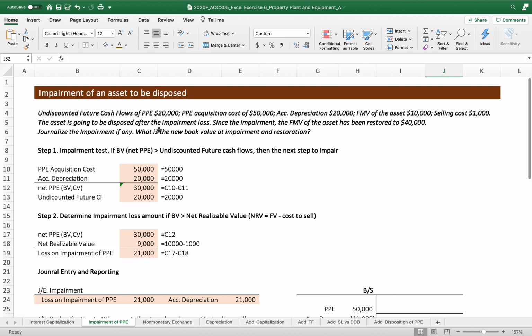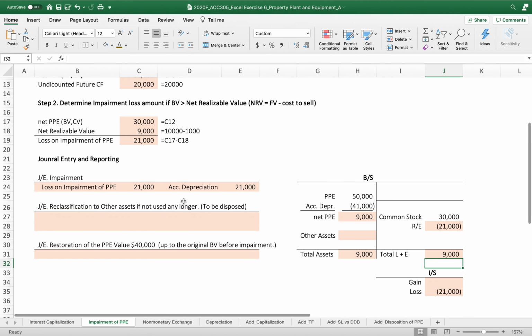And then we also determine that this asset will be disposed of, so it is no longer in the PP&E. The reason why we put the fixed asset in the PP&E account is to use it to produce something or to make some probable future benefit.